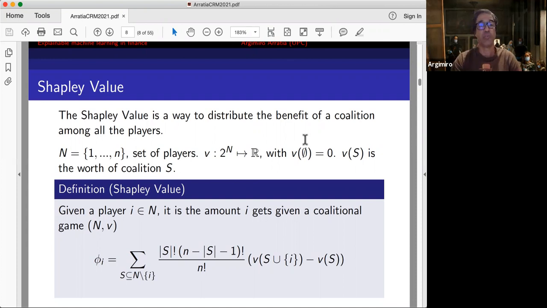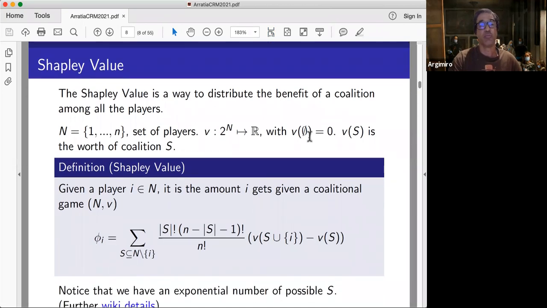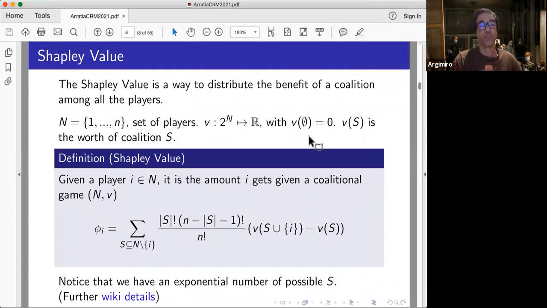And actually, since this is the one that I'm going to be using in this work, I'm going to take a little time to go through, or remind you, in case you already knew this, the formal definition of the Shapley value, right?